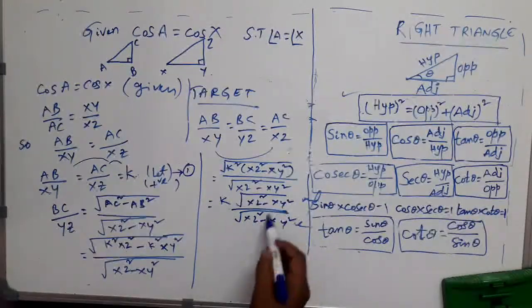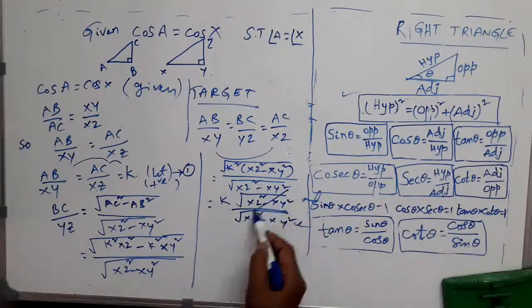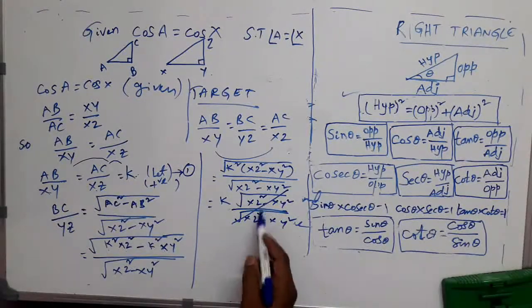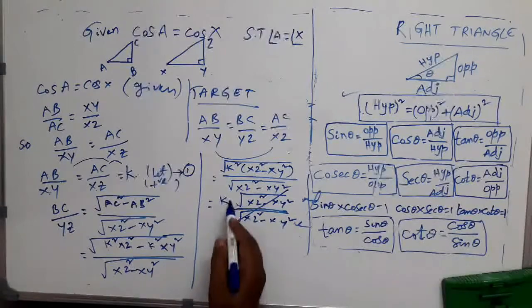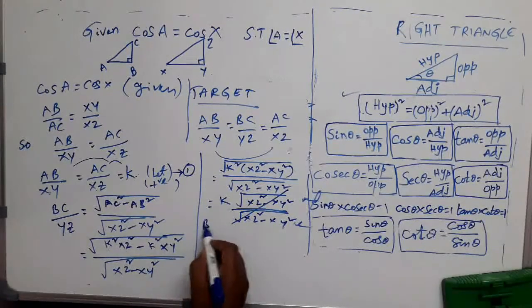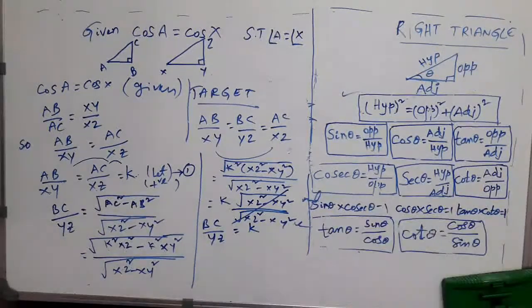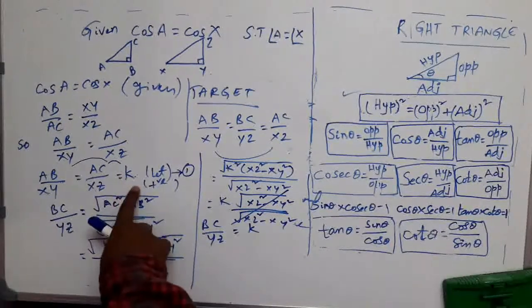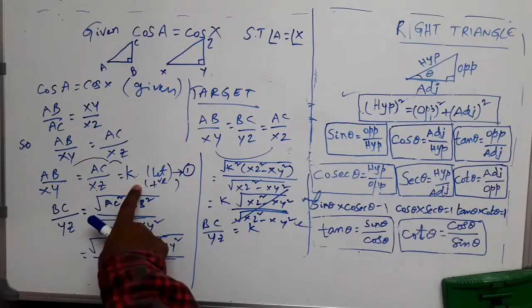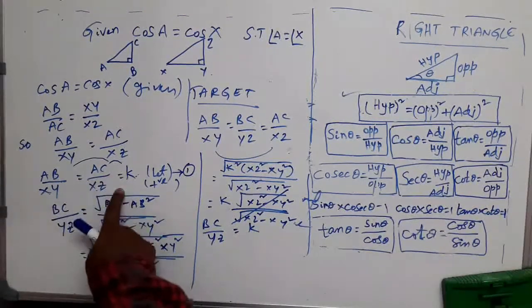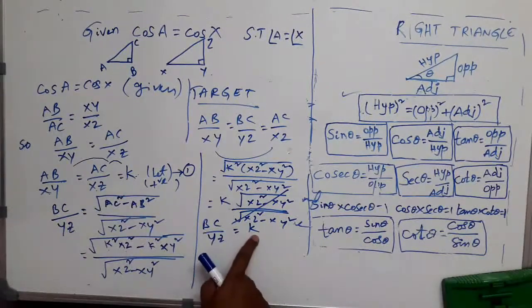Clearly these two are equal, right? I can cancel these two. These two get cancelled. So what will be remaining? K. Okay, so you have got BC by YZ is equal to K. See this. From equation 1, K is AB by XY is equal to AC by XZ. Here what you have got?